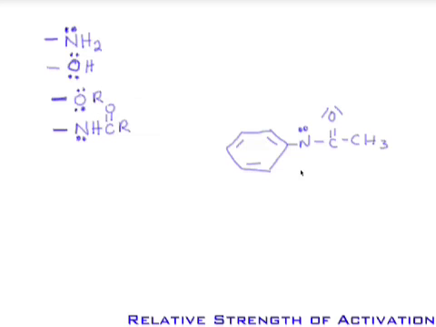But what's interesting is I can draw a minor contributor where I move the lone pair away from the ring. Now, if I do that, I get this.